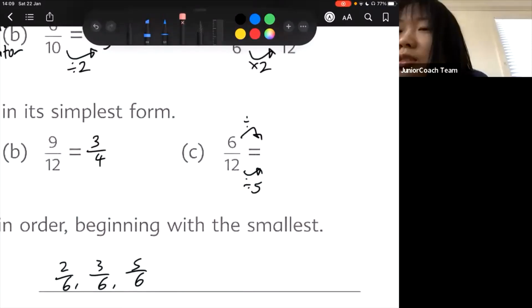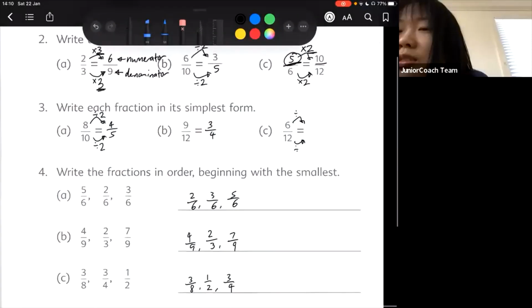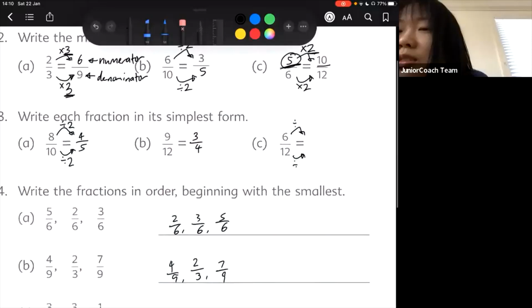So just start with 2, and then if it's not divisible, try 3, and then try 5, try 7. And then you just go down a list of prime numbers, if you know what a prime number is. But if you don't, at this stage it should be quite easy to guess what number you should divide by.